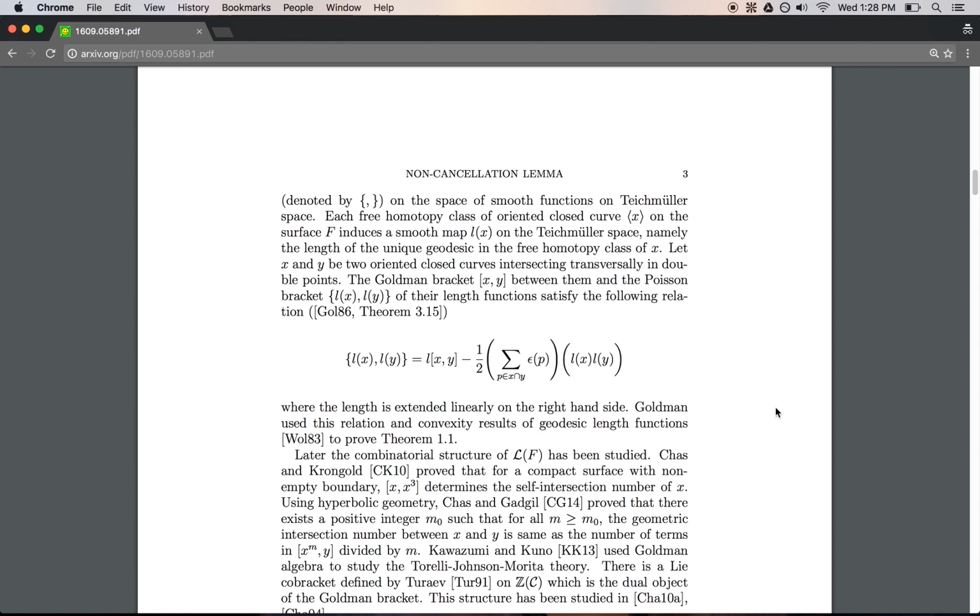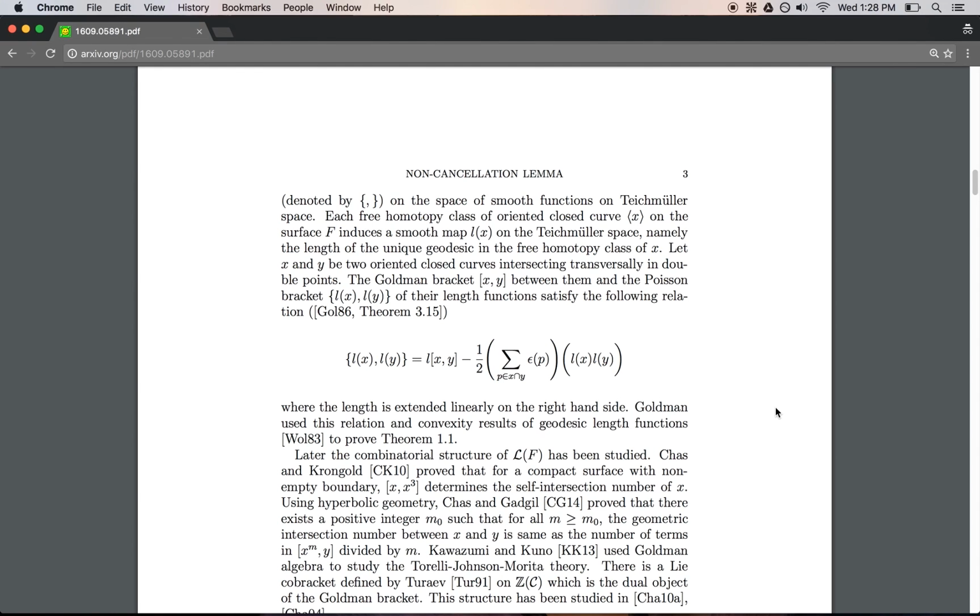the sum over p, which are elements of the intersection of x and y, of epsilon p, which is the sign, times the smooth map of x itself, the homotopy class, times the smooth map of y.